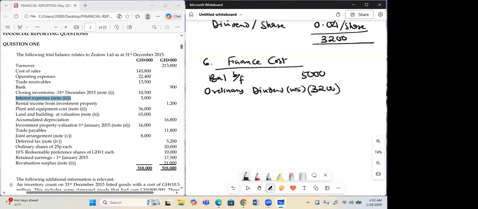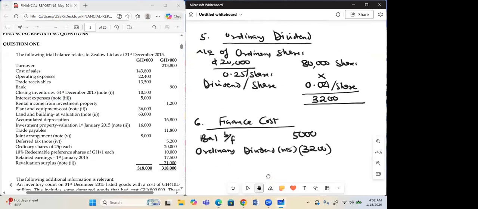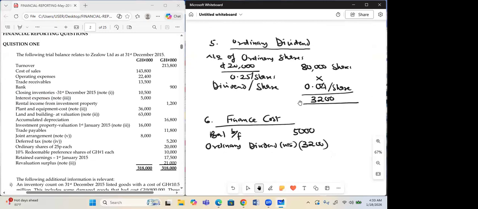So you take it out. I'm taking you gradually. Measure your ordinary dividend, take it out of the finance cost, and let's move on.